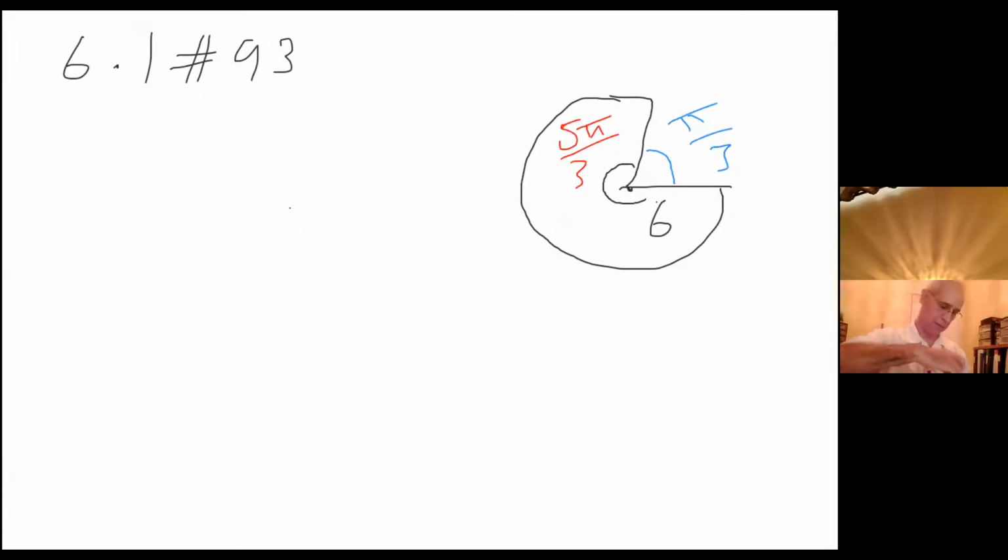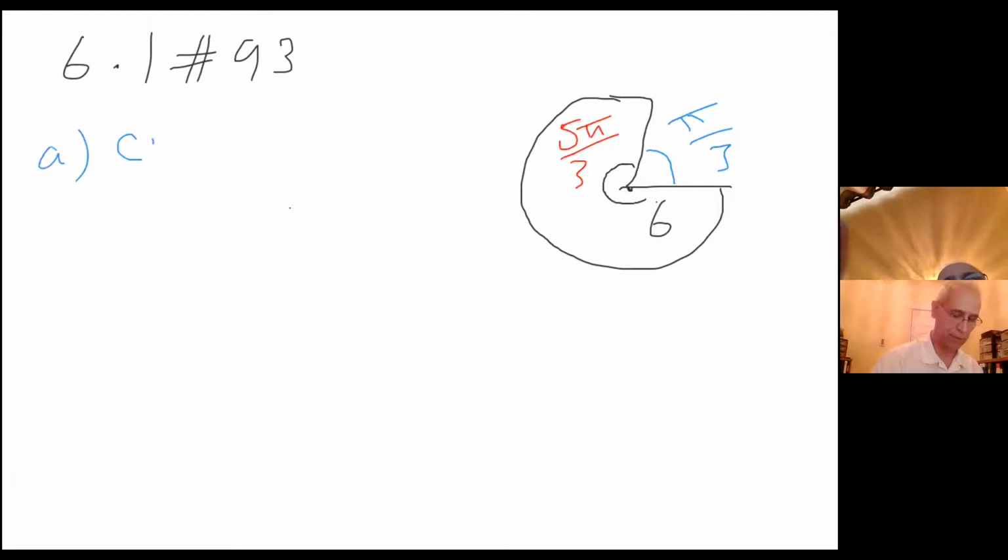So we are making a cone out of this by just joining those two cut edges. Part A of this question is asking, what is the circumference of the opening of the cup? So part A is asking for circumference.